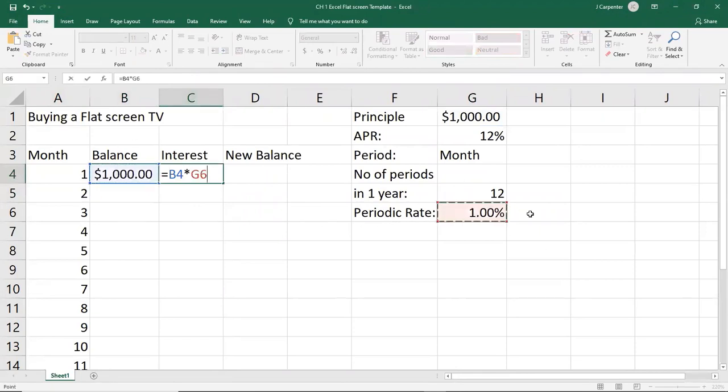But because the periodic rate is over here, the odd one out, when I'm dragging this formula down, the blue box you will want to be moving down to month 2's balance, to month 3's balance, to month 4's balance. But you don't want this one to move, because if it moves down, this is blank and the rate is not 0%. Sorry, this is the periodic rate, the APR was the 12%. We're multiplying by the periodic rate. I'm just talking too fast, sorry for that.